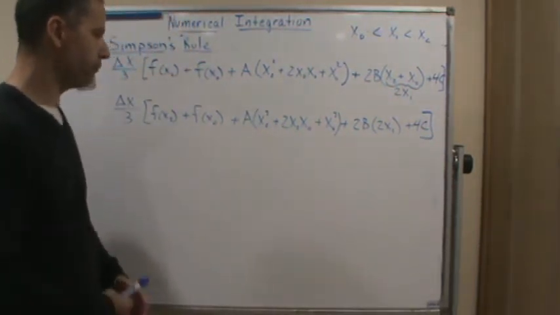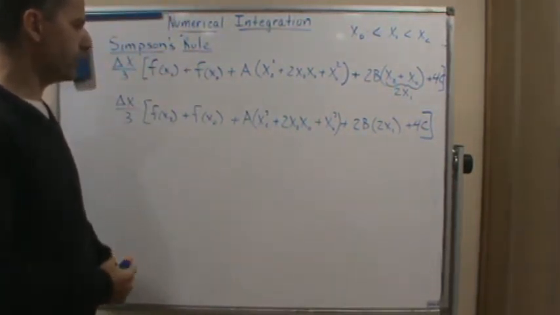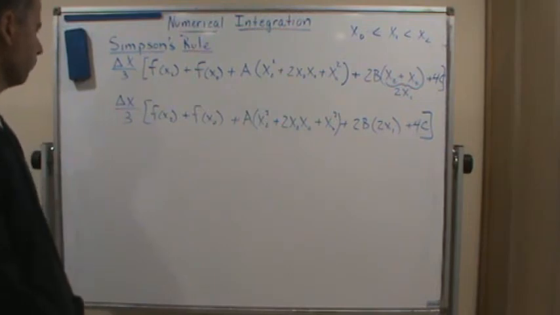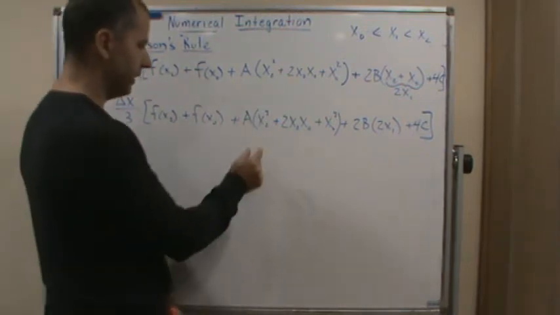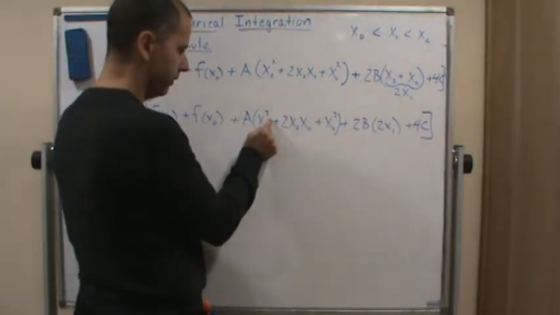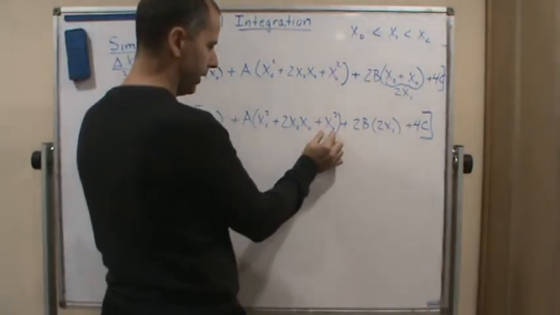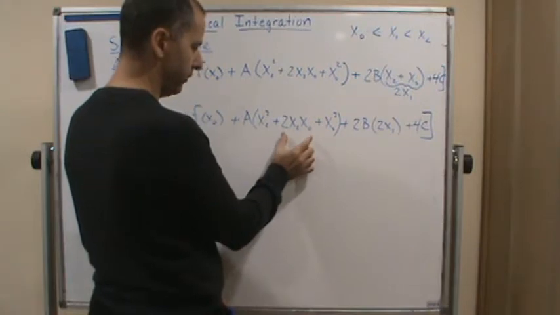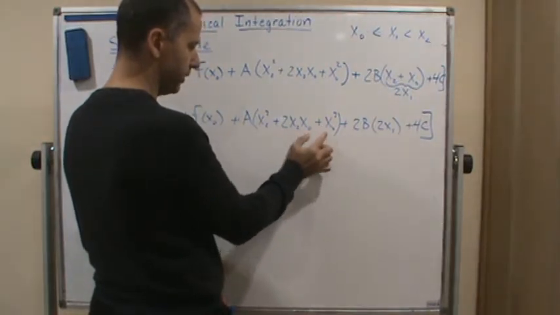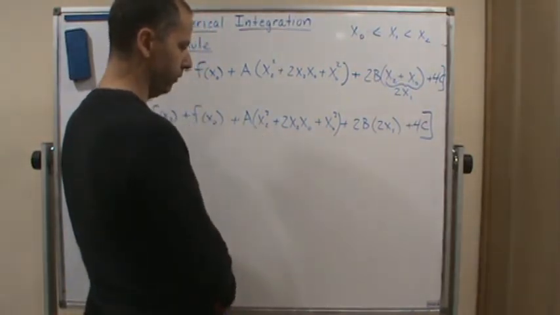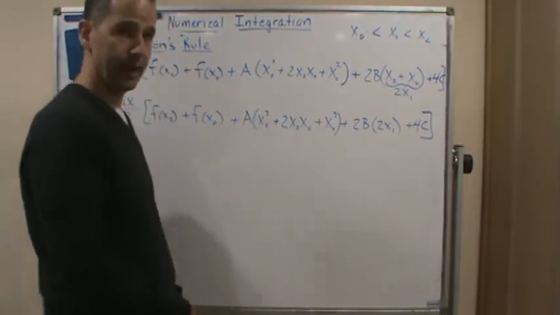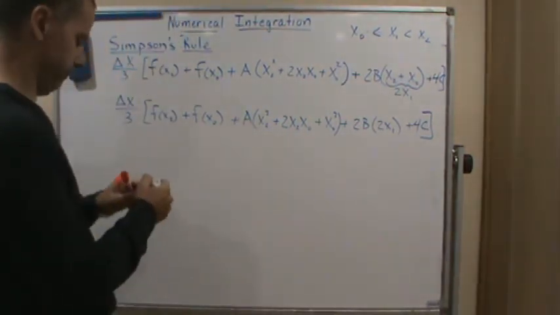So now, what do you notice about this thing here? We've got x2 squared, and we've got x0 squared, and we've got double the product of x2 and x0. This you should recognize as a perfect square.